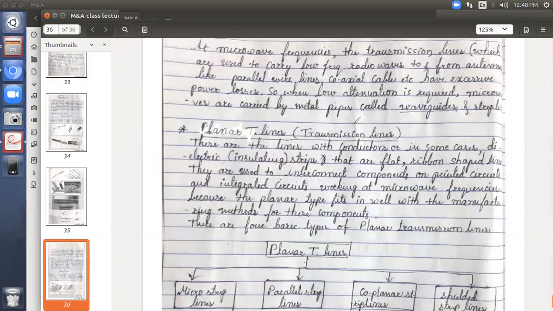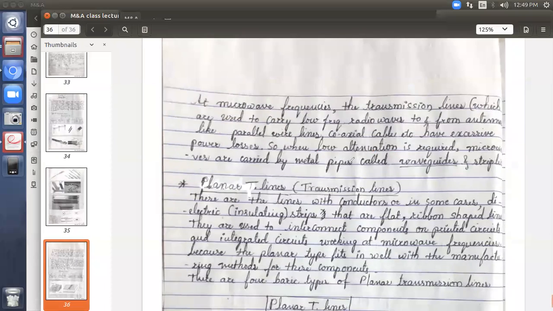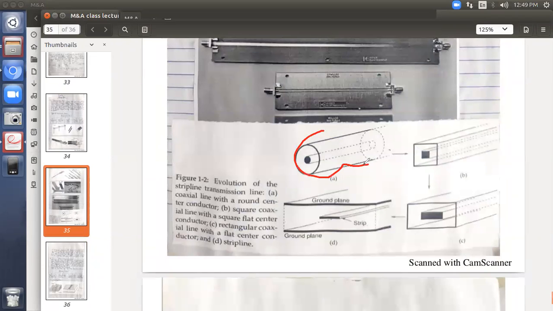Now, in transmission lines, let us see about these strip lines. I have given the title here, planar transmission lines. T lines indicates transmission lines. Now, why this word planar? Planar means what? You see the structure here, a coaxial cable with a circular structure inside. If you see at the end, the strip line structure is somewhat flat. It's a planar structure.